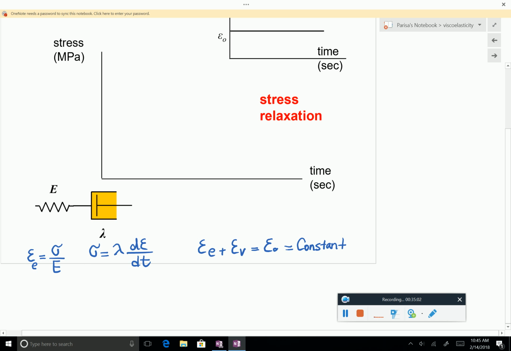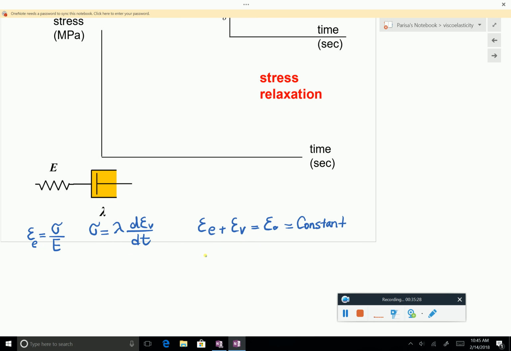We have these two, and we know that the summation of these, epsilon E plus epsilon V, is constant. So the easiest way to do that, because I have d epsilon V over dt, is to take the derivative of both sides of that equation.